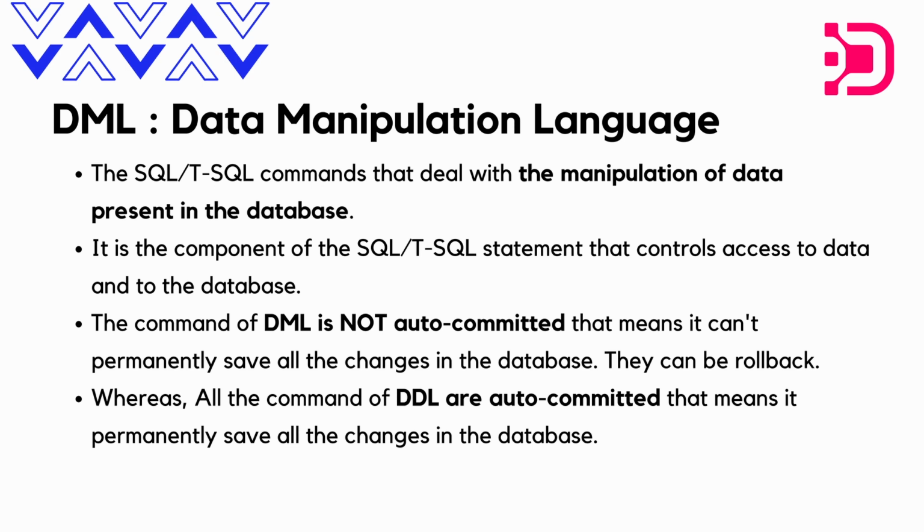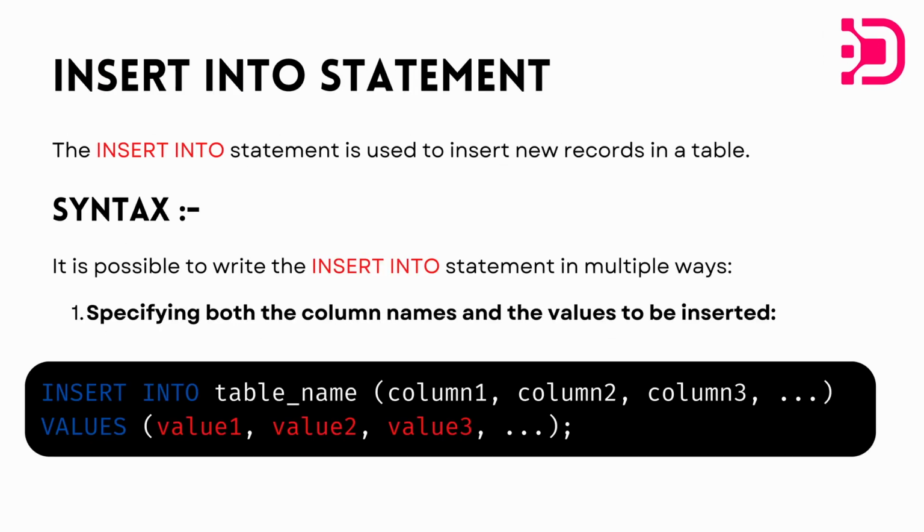It's very important to note that DML commands are not auto-committed, meaning they are not permanently saved to the database, and they can be rolled back. Unlike the DDL commands, which we looked at previously, which are auto-committed, meaning they are permanently saved to the database, and it's a bit more complicated to undo these changes once they have been made. So now let's jump into the insert into statement.